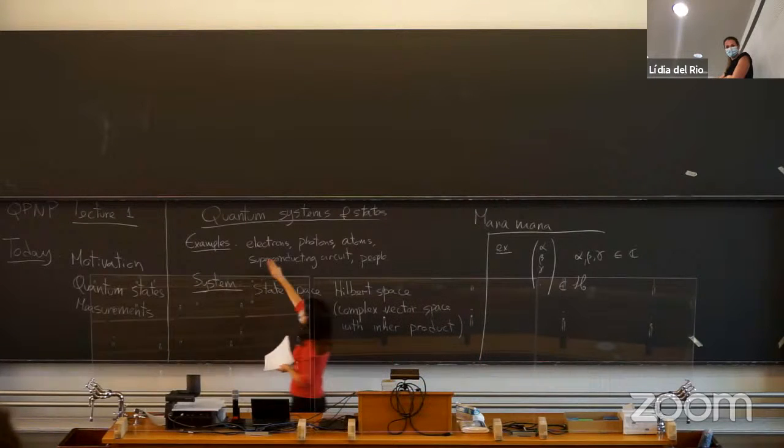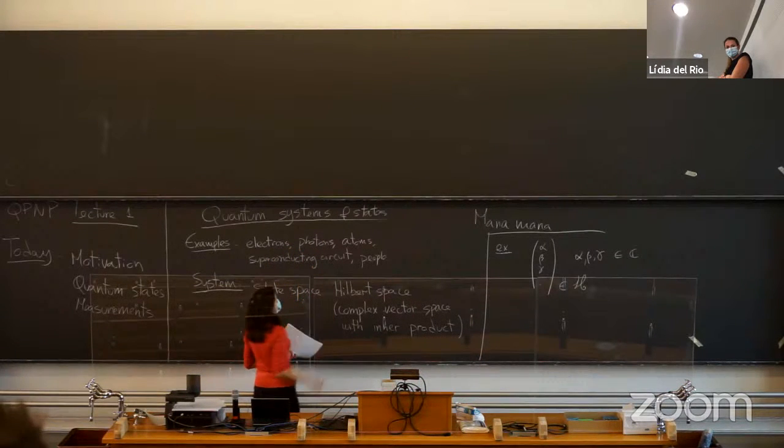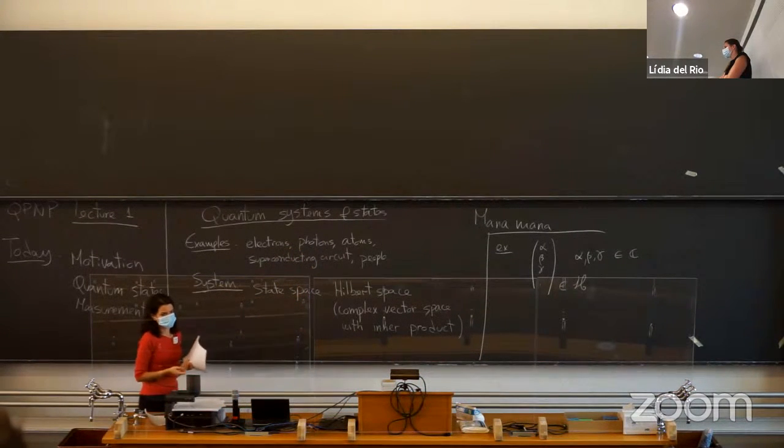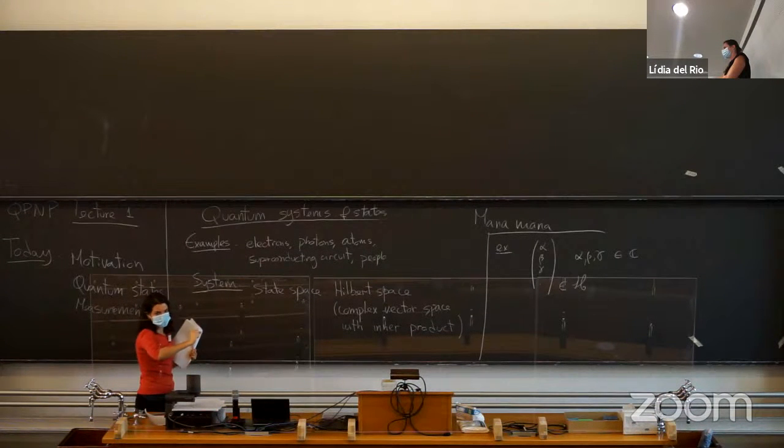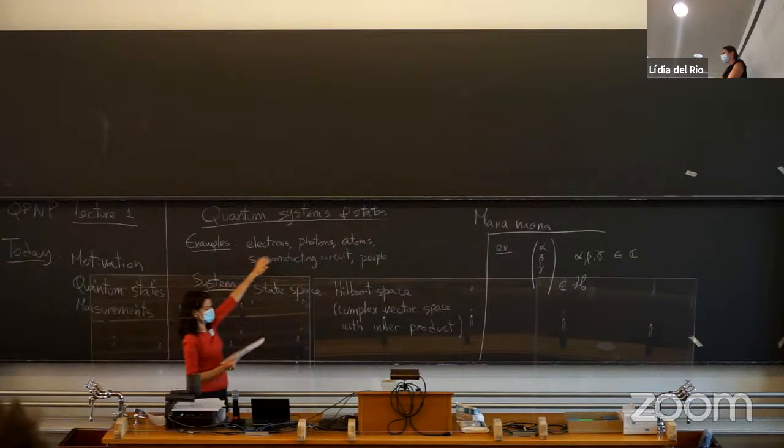If you think of electrons and photons and atoms, and now let's think about what kind of properties they have. They have a property like the position or the frequency, right? This seems to be more of a continuous degree of freedom, meaning if we measure the position, in principle, it could take any value in the real line. Of course, in practice, it won't be like this, but it can be represented by a continuous system.